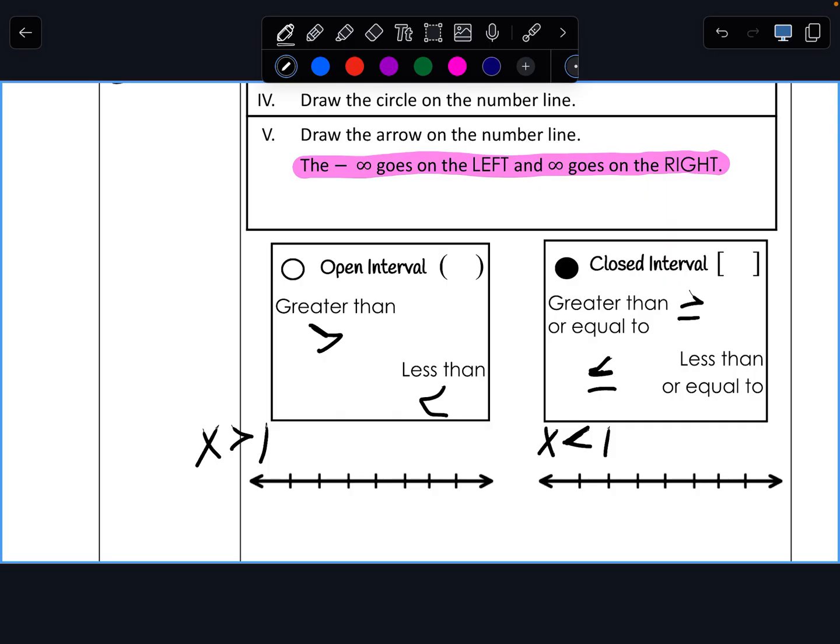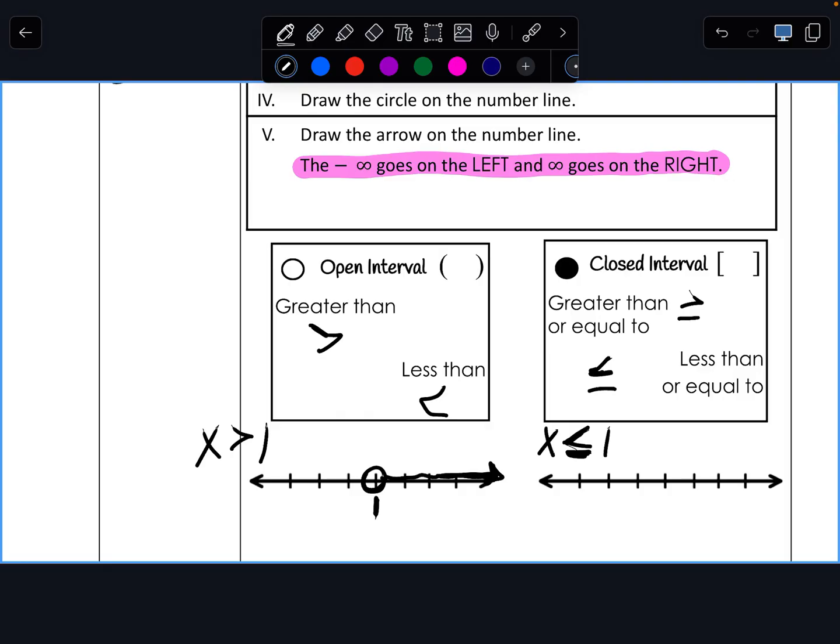In order for me to graph, if I were to get the answer from solving my inequality that x is greater than 1, I would find 1 on the number line. I'm going to use an open circle because it matches my greater than. I don't have the equal underneath. And because x is greater than 1, I'm going to draw my arrow in the direction of positive infinity.